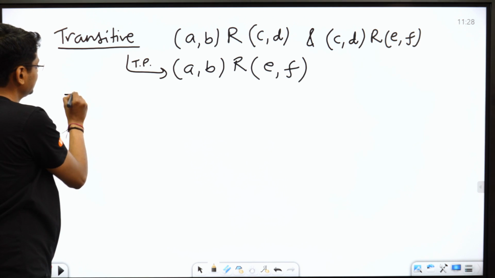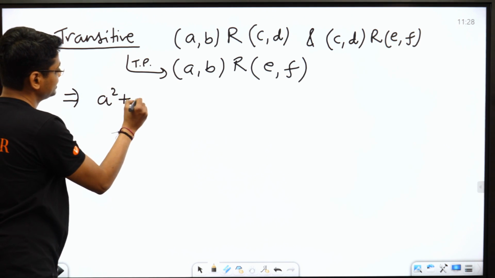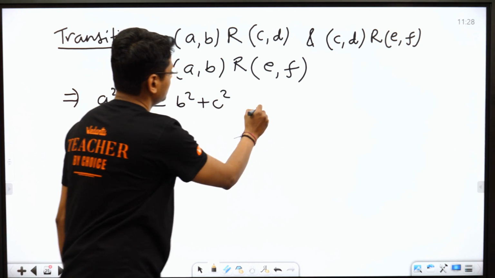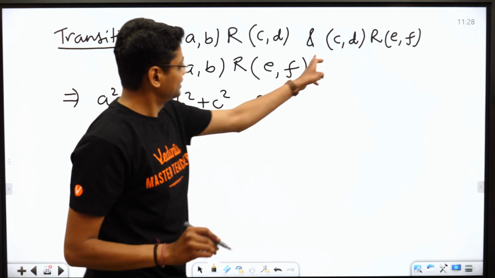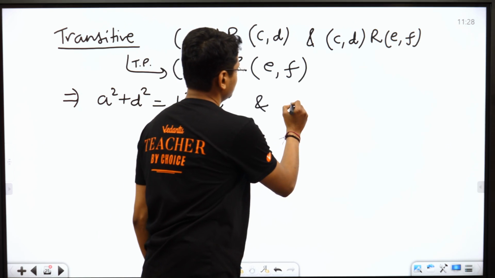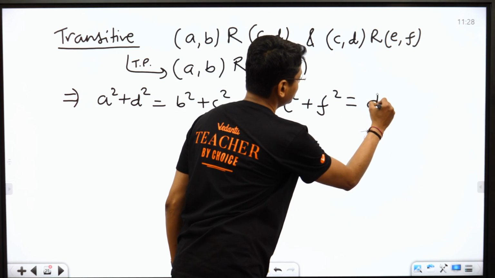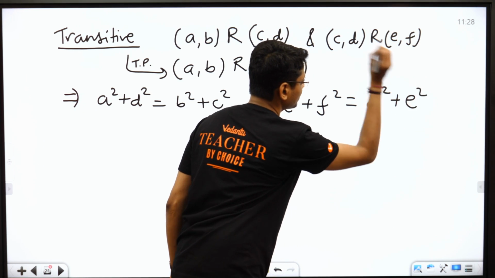So this first thing means what? a² + d² equal to b² + c². And the second thing means what? c² + f² equal to d² + e².